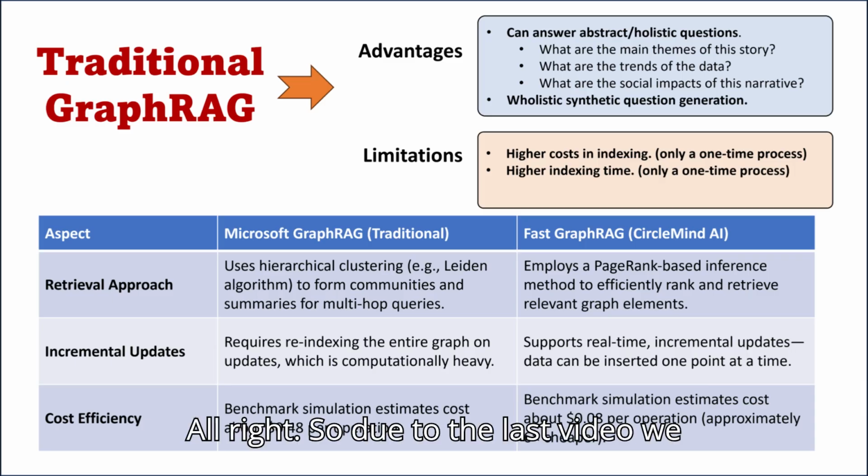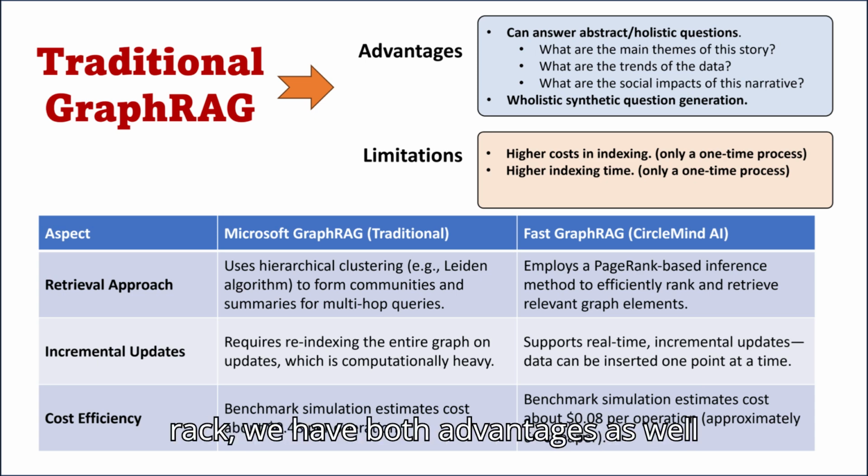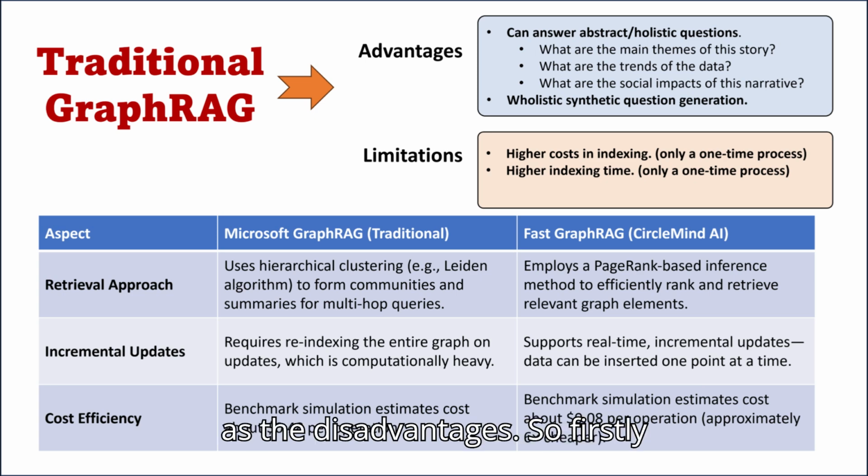All right. So during the last video, we discussed that with the traditional GraphRAG, we have both advantages as well as disadvantages. Firstly, the main advantage with GraphRAG compared to the traditional retrieval augmented generation is that we can get answers for abstract questions.